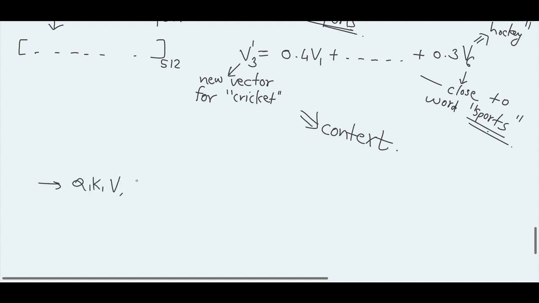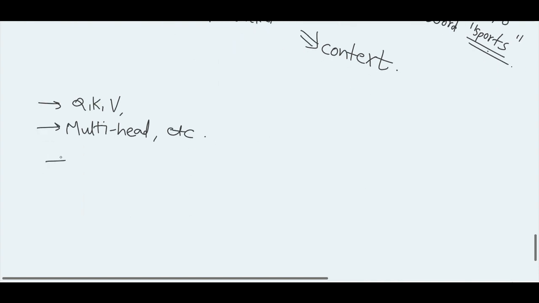These query, key, value matrices have trainable weights, meaning weights that can be trained, and it also has multiple attention heads and all this. But this video was meant to give a simple intuition of how self attention is working. So yeah, that's all, and thank you.